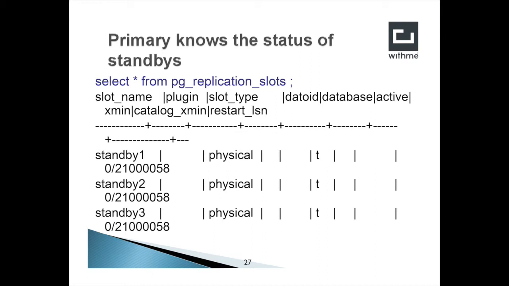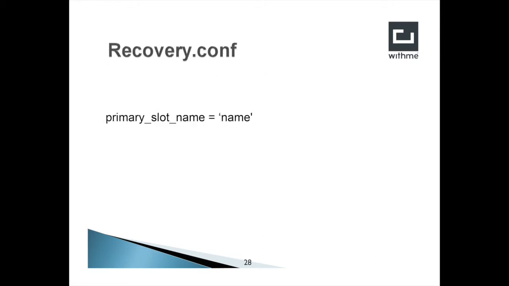And in the recovery.conf file, you just provide the slot name, the primary slot name, and the replication user will connect and use this slot for the streaming replication. So you are just creating a slot that will keep track.